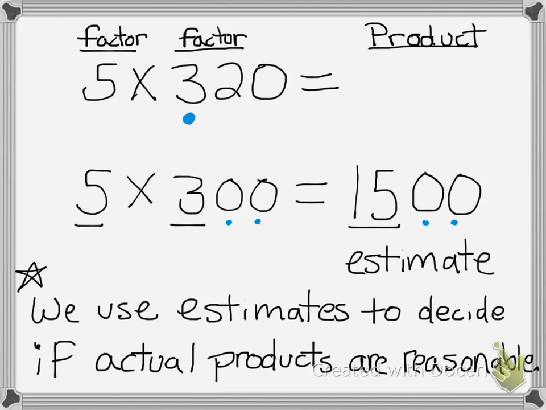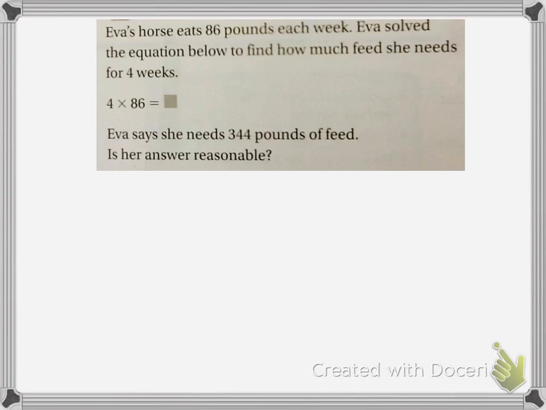And I'll show you what I mean with a word problem. Okay, Ava's horse eats 86 pounds each week. Ava solved the equation below to find out how much feed she needs for 4 weeks. So she multiplied 4 times 86, and she says she needs 344 pounds of feed.